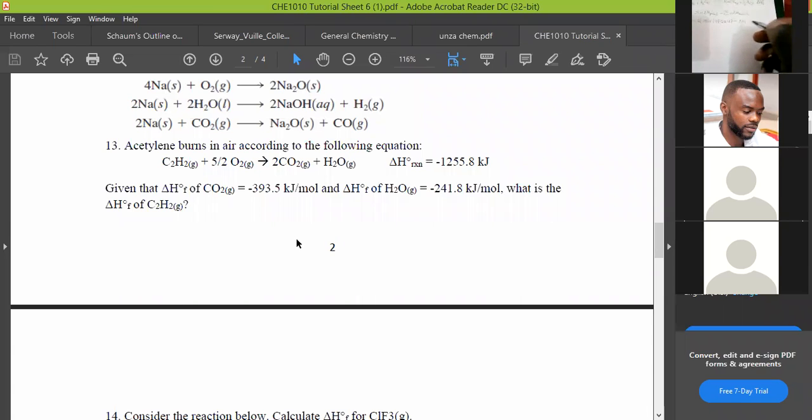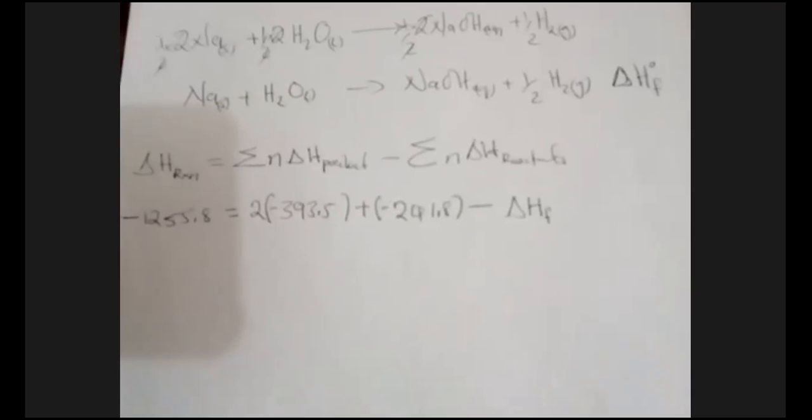And oxygen exists in that natural form, so there's no need for you to write the standard enthalpy of formation of oxygen. So all you have to do from here is proceed with the calculation. What is this multiplied by that, and then plus this one here?